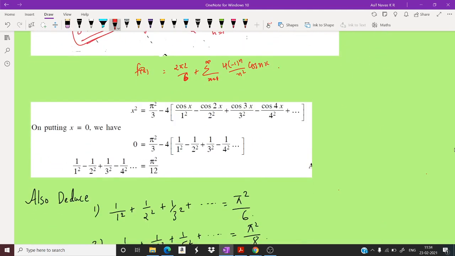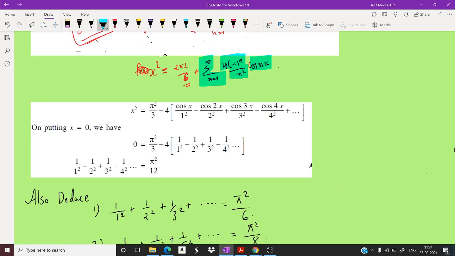Therefore, we can write f of x, here x square, is equal to 2 pi square by 6. A naught is 2 pi square by 3. Therefore, a naught by 2 is 2 pi square by 6 plus sigma n equal to 1 to infinity 4 minus 1 raised to n divided by n square cos nx.